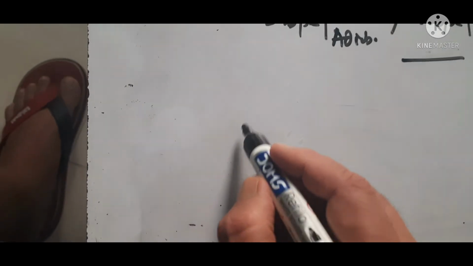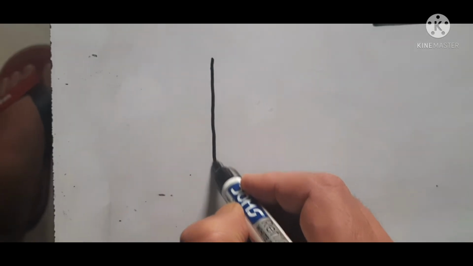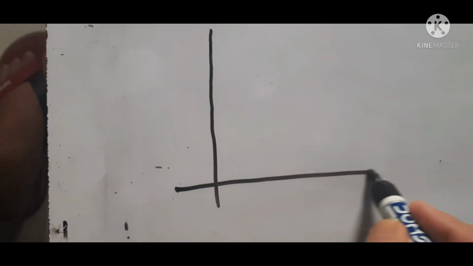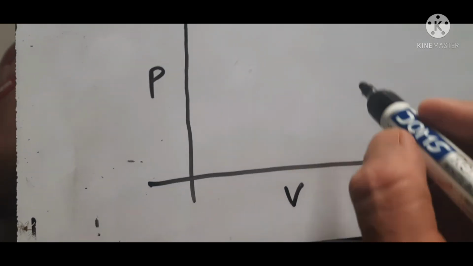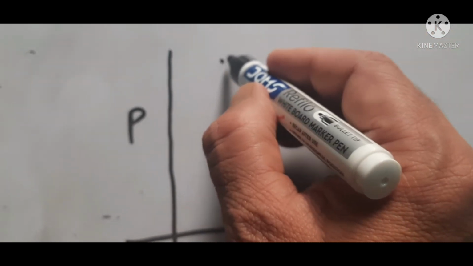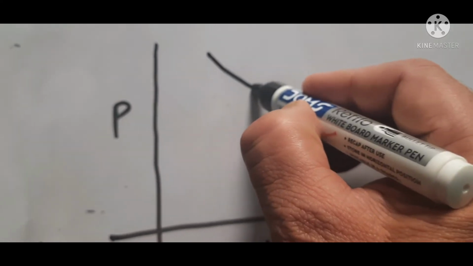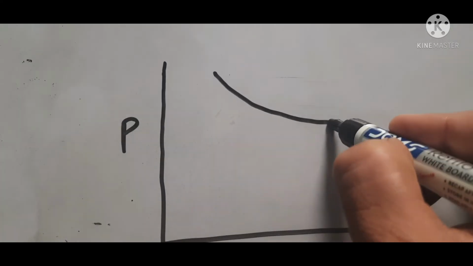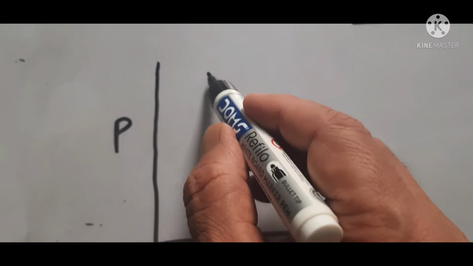Now, how are we going to draw the PV graph? This is the P axis and the V axis. In case of the isothermal and the adiabatic, if this is the isothermal, then whatever the slope is, you have to remember.